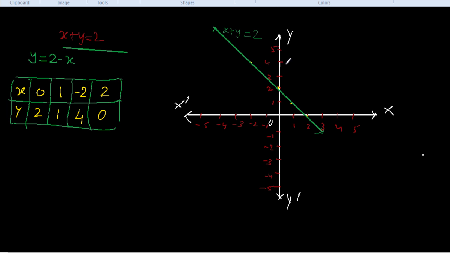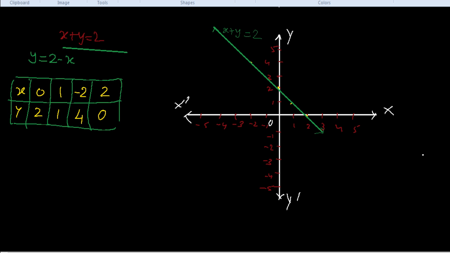So by this equation the first specific characteristic you see here is that this line intersects both the coordinate axes. It intersects the y axis, it intersects the x axis too. So this is the specific characteristic.